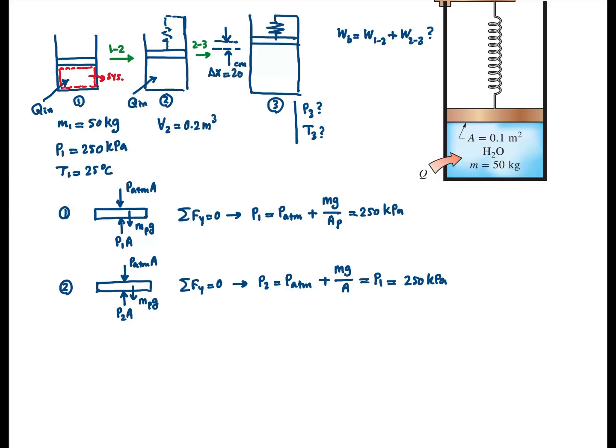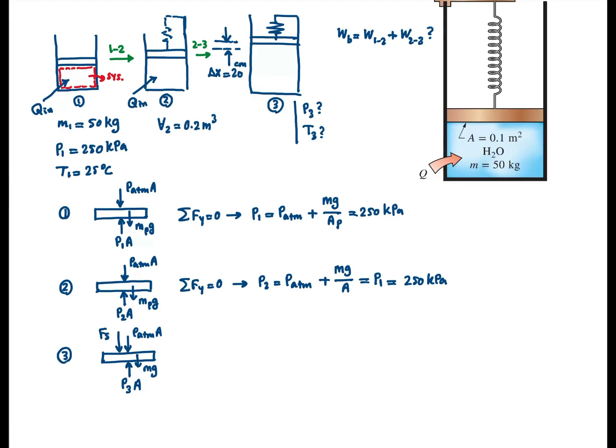Then let's move on to state number 3. Draw the free body diagram of the piston one more time. What are the forces? Pressure in state 3 times area of the piston, atmospheric pressure times area of the piston, the weight of the piston, and I see that the piston rises and compresses the spring, so we have the spring force applying in the opposite direction.